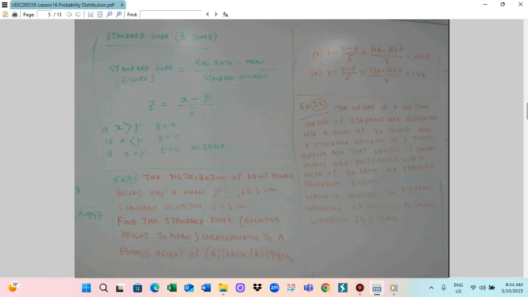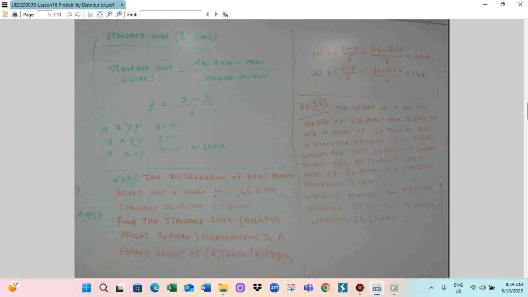The first thing we calculate: Z for x at 164. The equation is x minus mu divided by delta. So x is 164, mu is 165.5, divided by delta, which is 8.